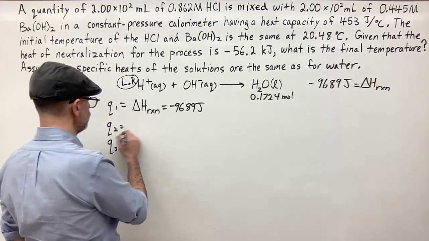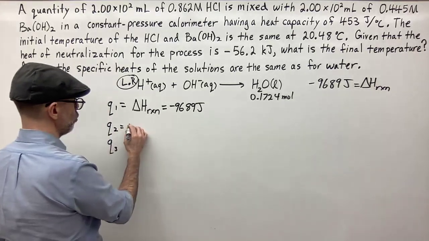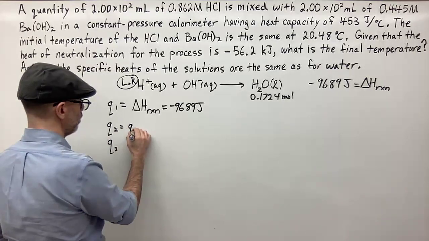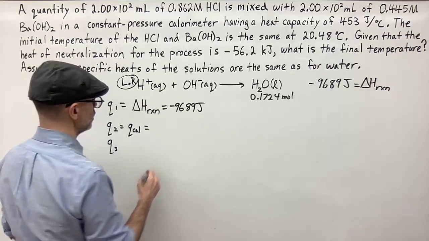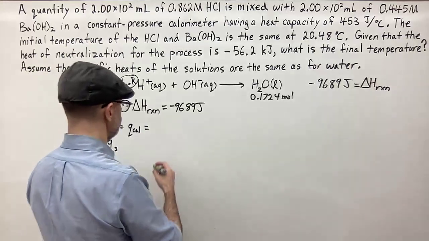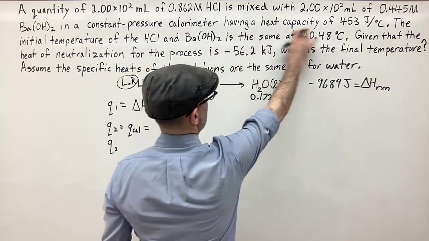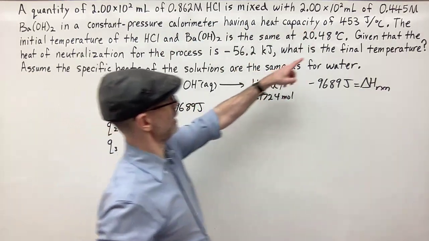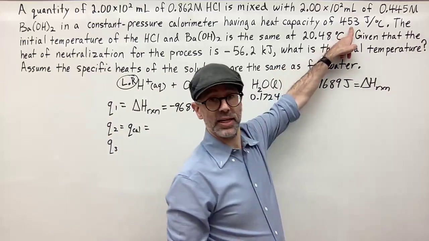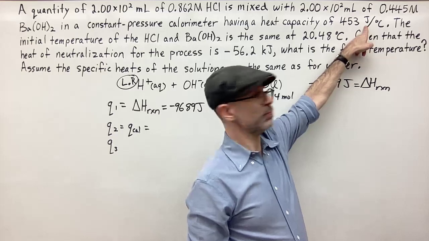So if we're going to do the calorimeter, right, this Q2 we'll call Q of the calorimeter, which is going to be equal to the specific heat or the heat capacity of the calorimeter. And notice here that the units of the specific heat of the calorimeter are joules per degree Celsius.